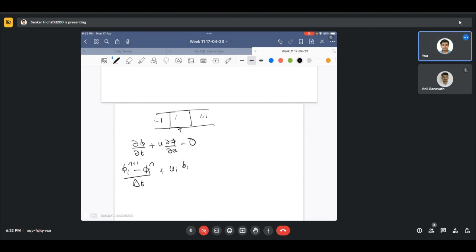This is how it's discretized for an upwind scheme, using forward differencing in time and space.